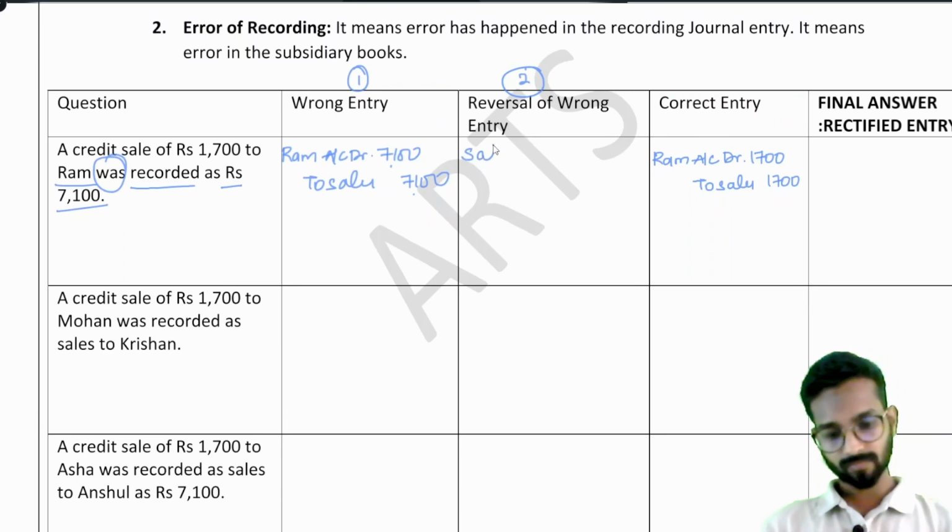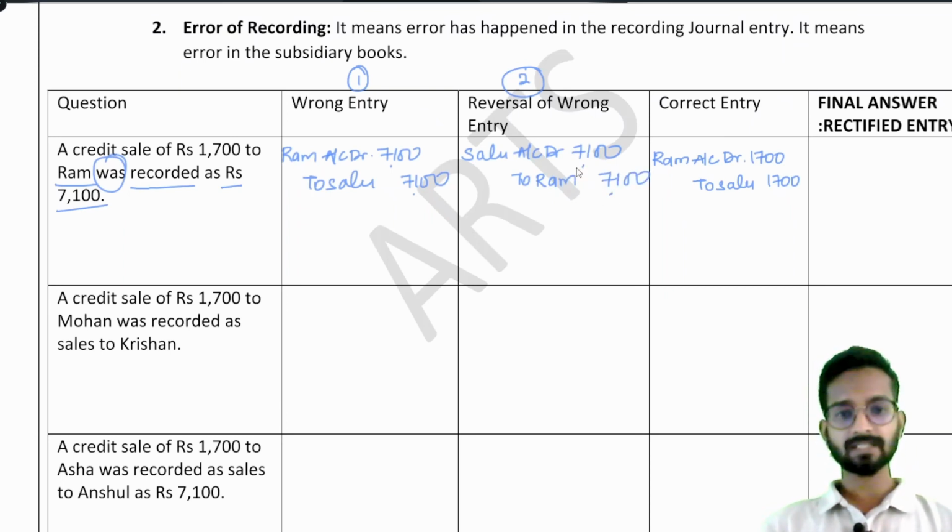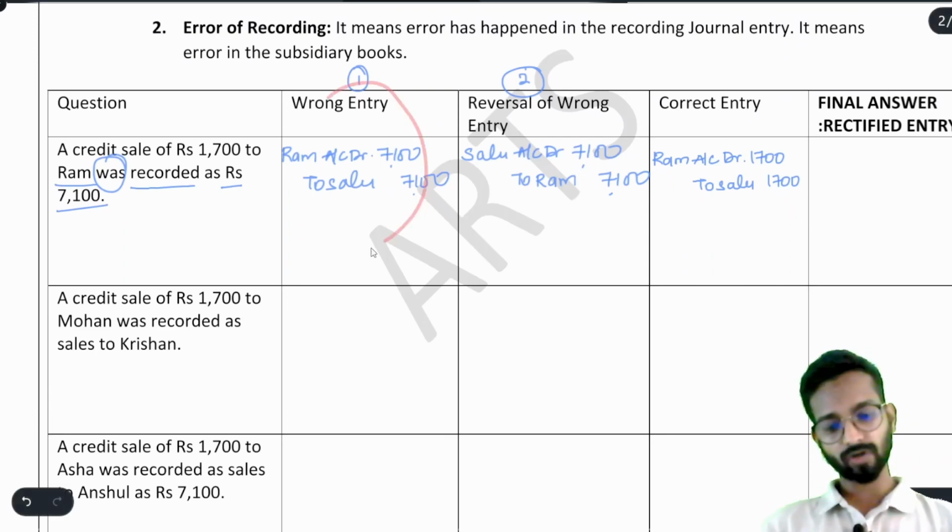It will become sales account debit 7100 to Ram 7100. See, these steps we are learning because we are in the beginning stage. After solving around 20-30 rectification questions, we will be able to pass the rectified entry directly. Now understand. This was the wrong entry.